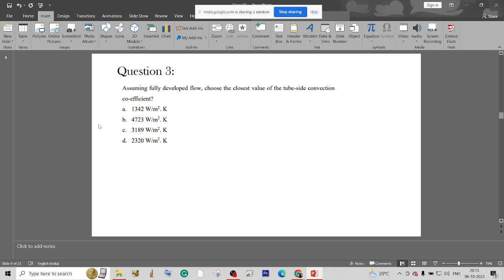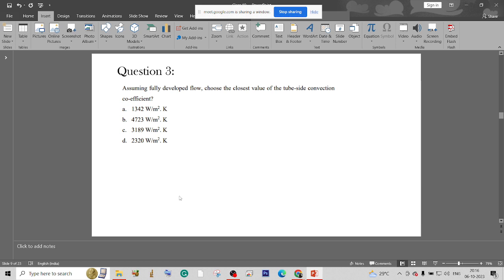As here the number of tubes is more than one, we need to divide by n, the total number of tubes. Actually, it is the cross-sectional mass flow in the tubes divided by the total number of tubes. Once we find the Reynolds number, we can easily use the equation for Reynolds number in tube flow, and we can find the corresponding heat transfer coefficient.